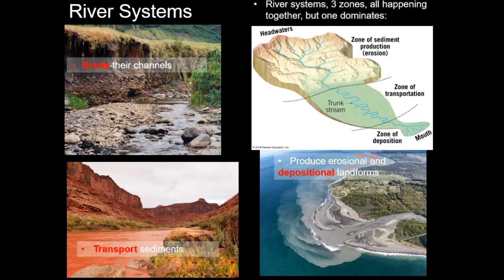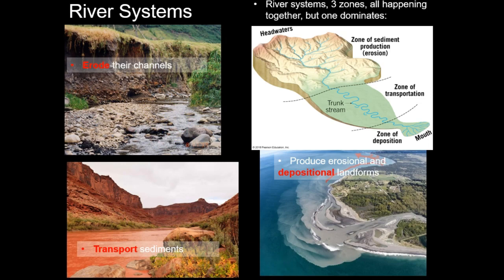So a river system will include not only its network of stream channels, but also its whole drainage basin. It can be divided into 3 main zones, which, although they are all happening at the same time, one will dominate over the other 2 at a specific area. So those 3 zones are going to be an erosional zone, represented by the top left picture, as you're seeing in the slide over here.